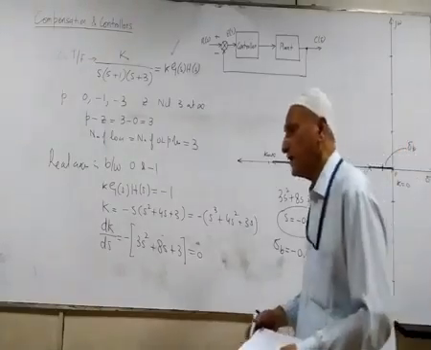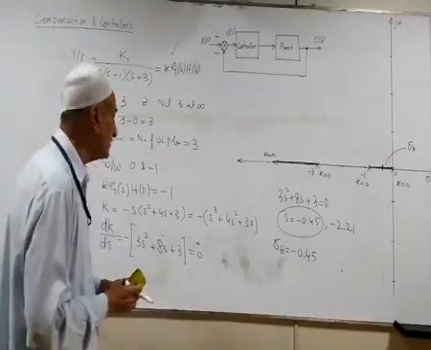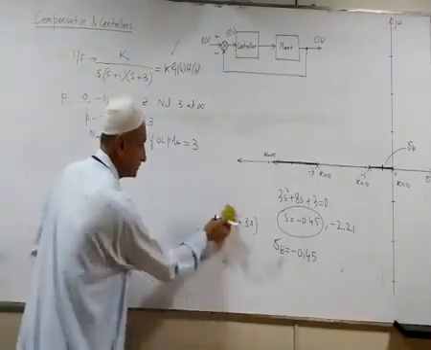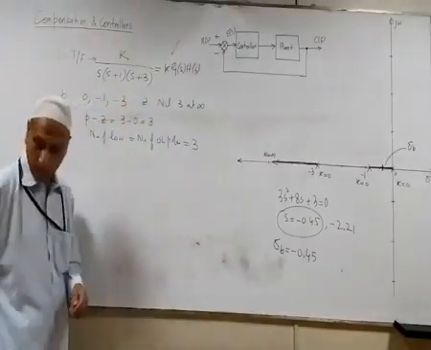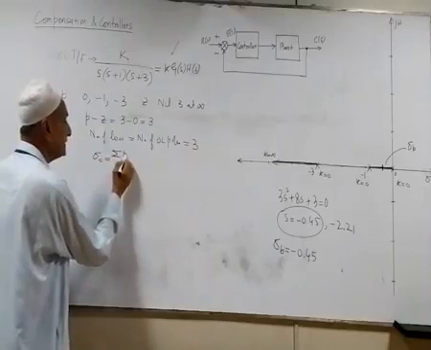Now once we have the breakaway point, we must look for the center and angles of asymptotes. The center of asymptotes is worked out as such.